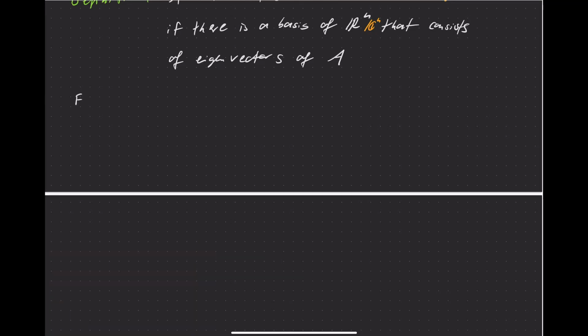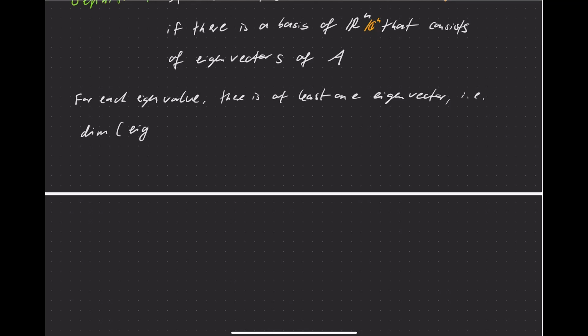So we know already that for each eigenvalue there is at least one eigenvector, meaning the dimension of the eigenspace of lambda is at least 1 for each eigenvalue lambda.